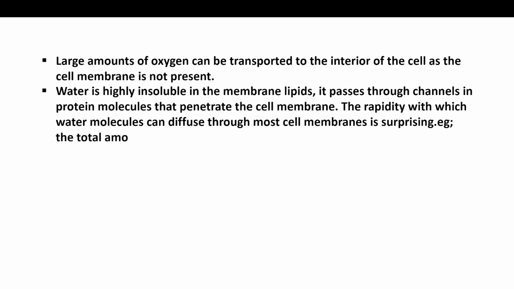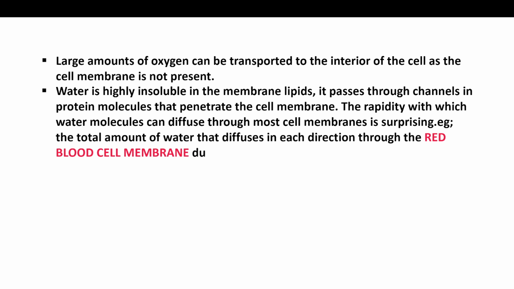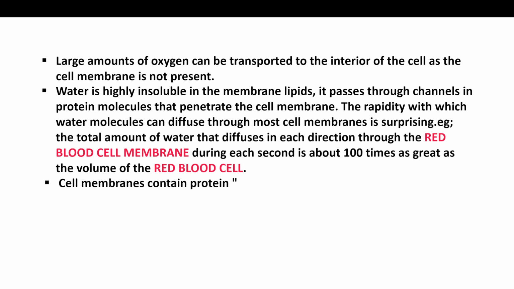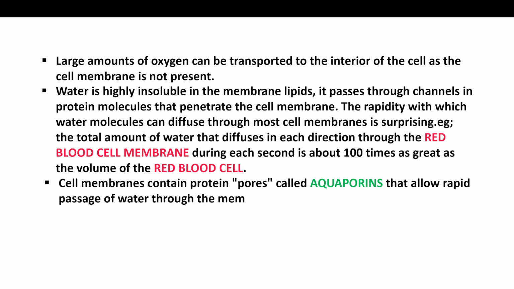For example, the total amount of water that diffuses in each direction through the red blood cell membrane during each second is about 100 times as great as the volume of the red blood cell. Cell membranes contain protein pores called aquaporins that allow rapid passage of water through the membrane.